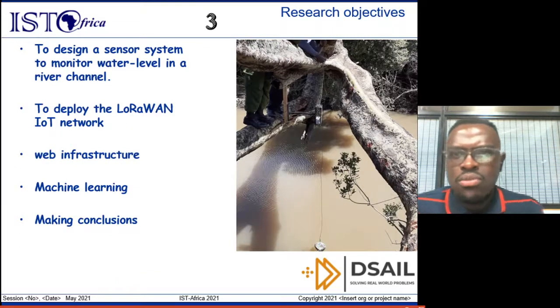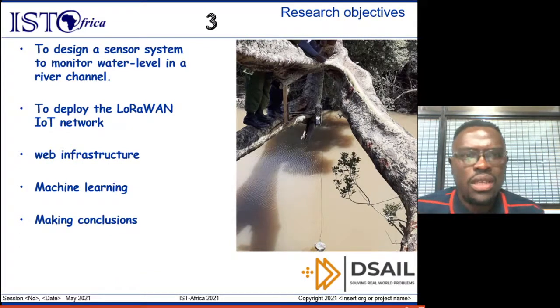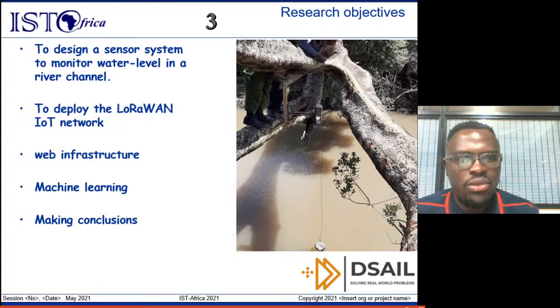So our research objectives. The first one was to design the system, of course, to collect the water level data in the river channel.